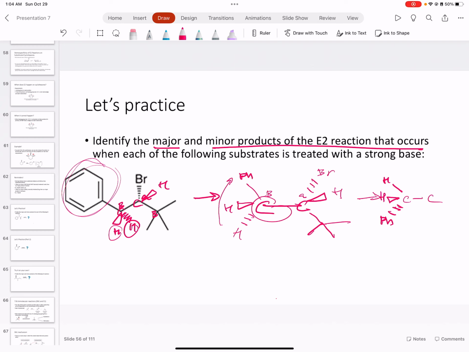Since they're just on regular bonds, I can actually do an E2 reaction because we need them to have that coplanar relationship. So then once those two are done, I can do a double bond here, and I can have my phenol group.